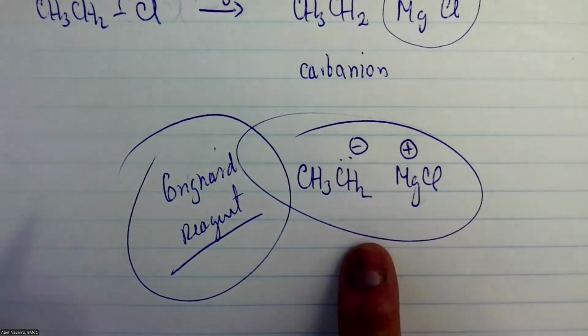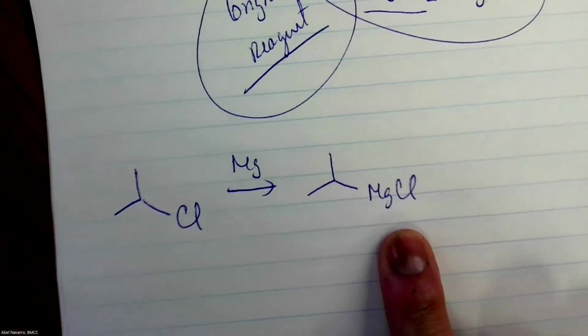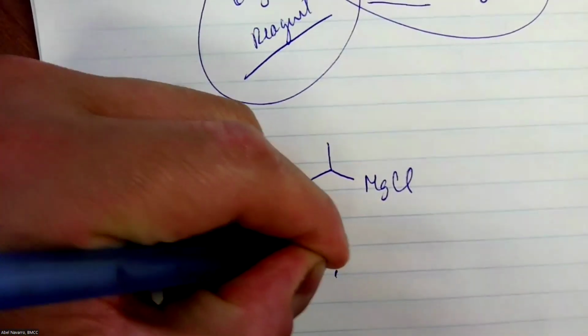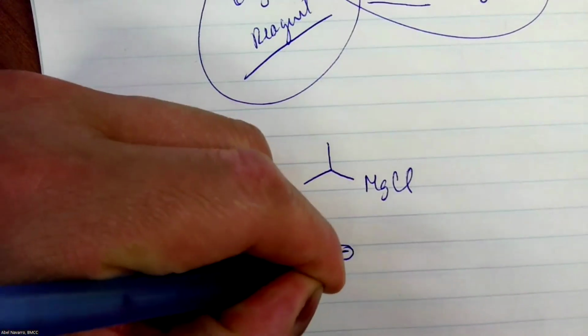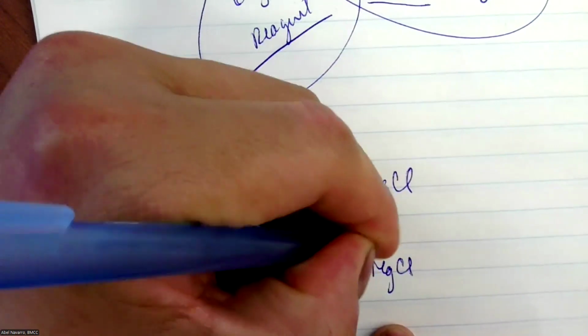This can be done with any carbon group. For example, what if I have isopropyl chloride? If you have isopropyl chloride and magnesium, you get isopropyl Grignard. You can write it like this, MgCl, but really what it means is a minus, electrons of course, and then MgCl.